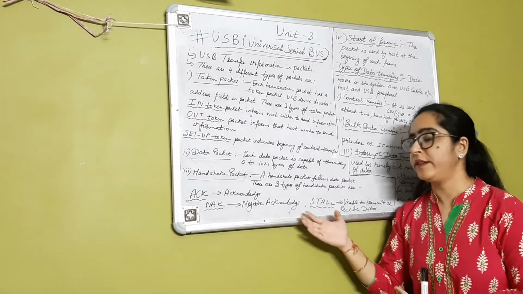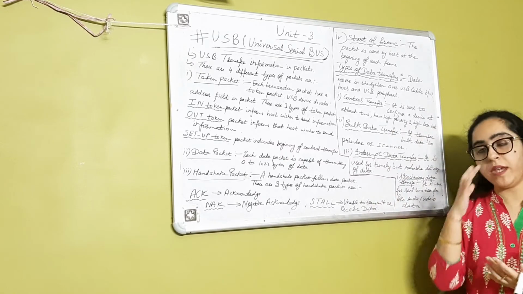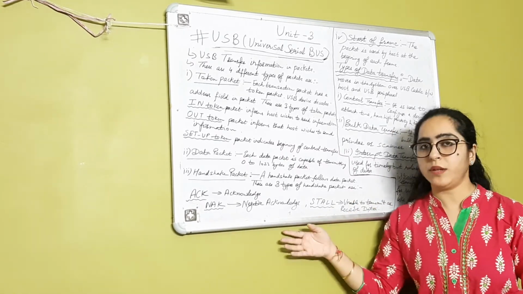That is only, it is host based, so one device needs to be host in the USB for the data communication between the two devices. So that's all about the USB.